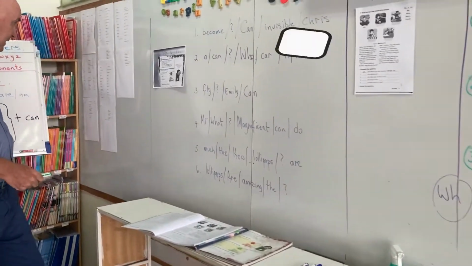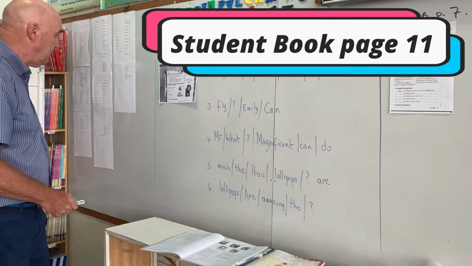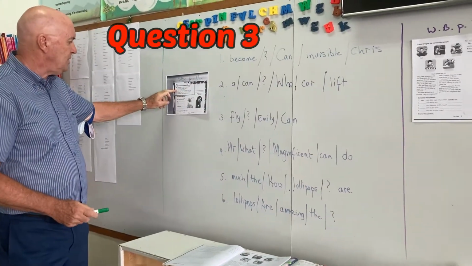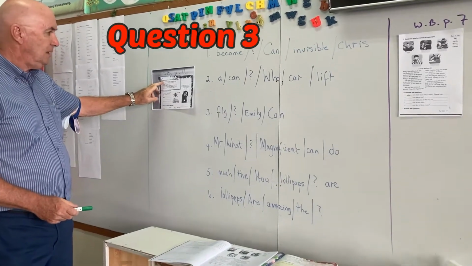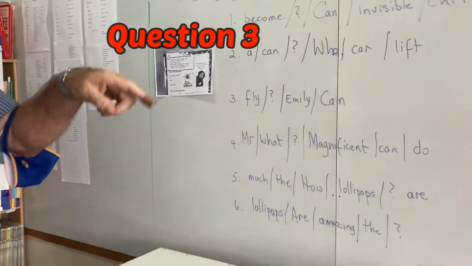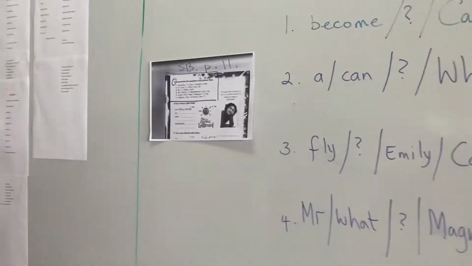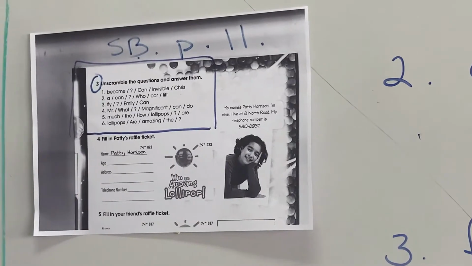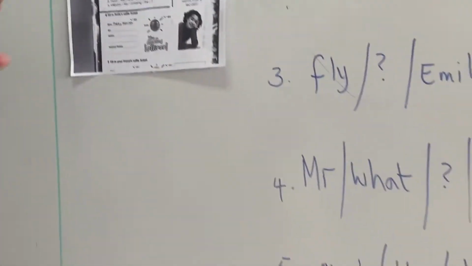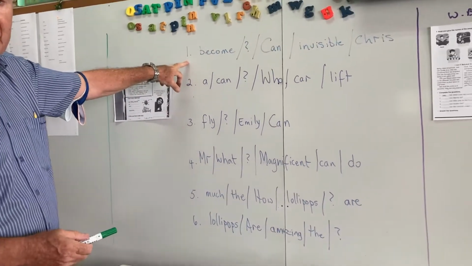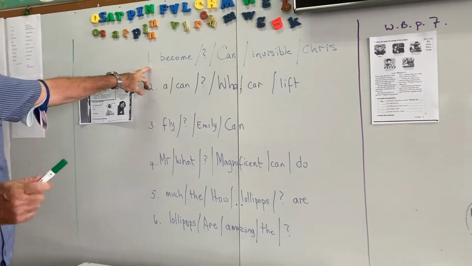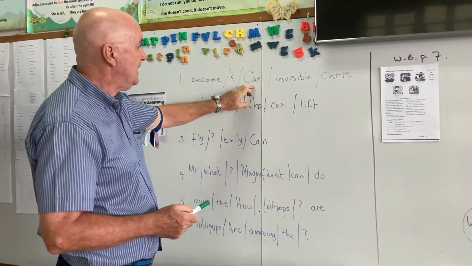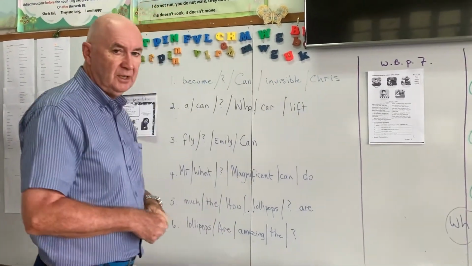So we're going to look at your student book, page 11, and we're going to look at question 3 at the top. And we're going to see if we can put can and the WH words all together. Okay? So let's look. I've put the questions here, bigger writing so we can see. Let's look. What have we got? Become, question mark, can, invisible, Chris. Okay.